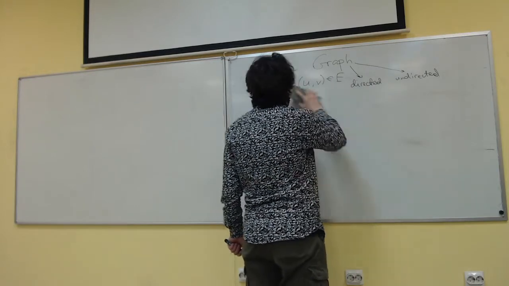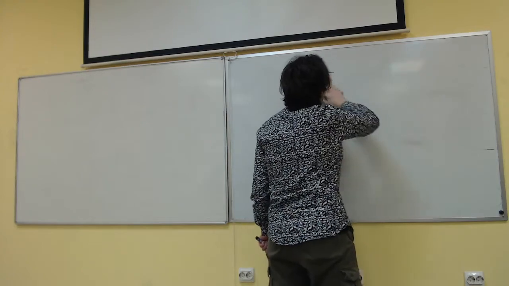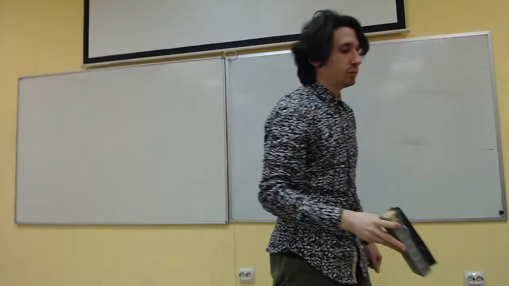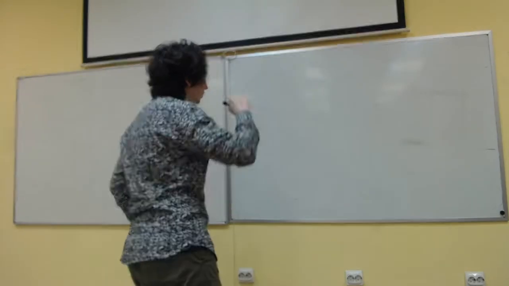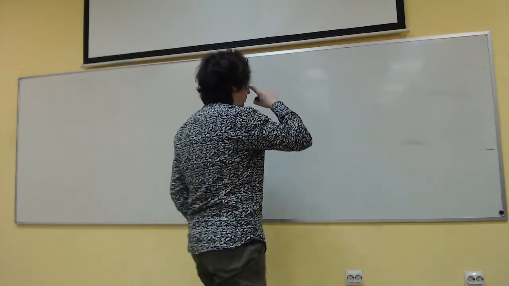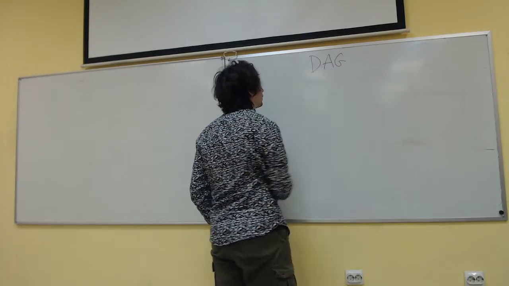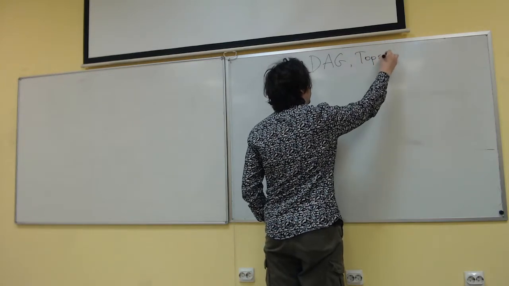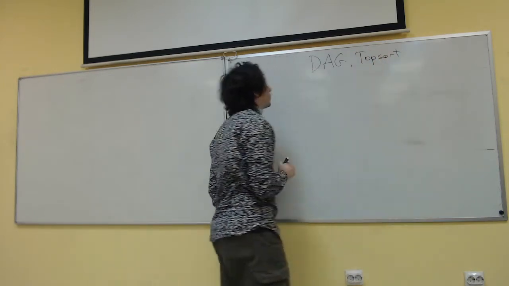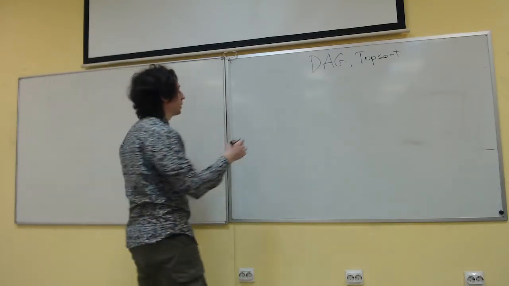That's good. So right now we will be talking about DAG and the top sort. DAG is the directed acyclic graph that we already talked about.